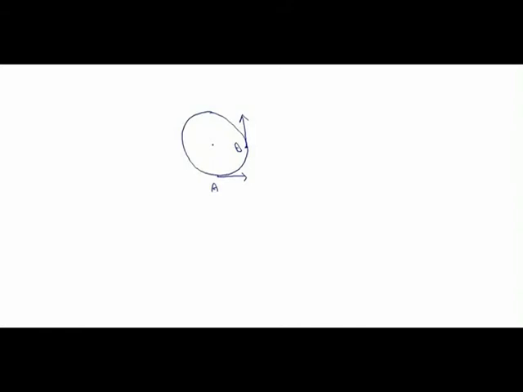This is the direction of centripetal acceleration at point A, and at point B the direction is this. So this is the direction of centripetal acceleration, and this is the direction of velocity. Now the magnitude of centripetal acceleration is v square by r, where v is the magnitude of the velocity vector and r is the radius of the circle.